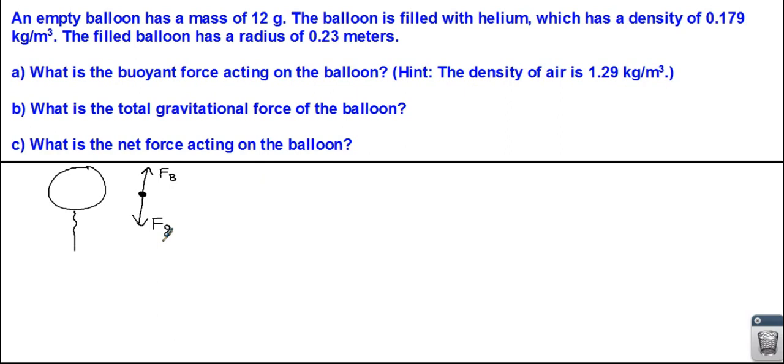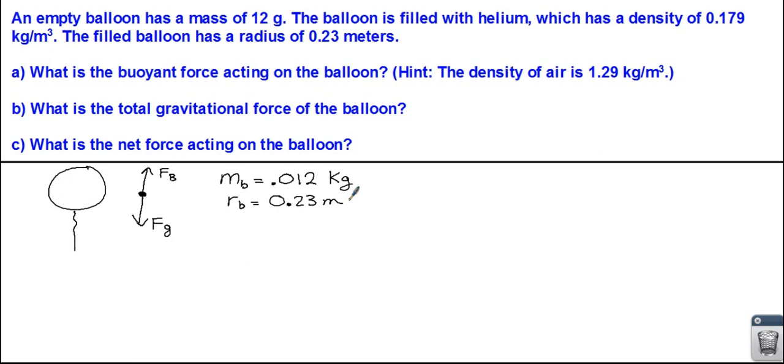We also know that the balloon has a mass of 12 grams, and I'm going to convert that immediately to kilograms, so 12 thousandths of a kilogram. We know the radius of the balloon is 0.23 meters, or 23 centimeters.